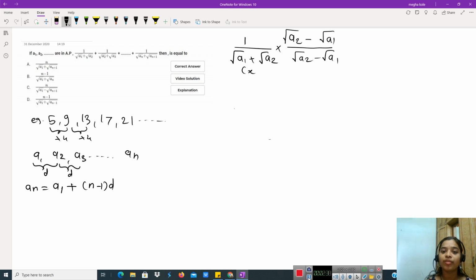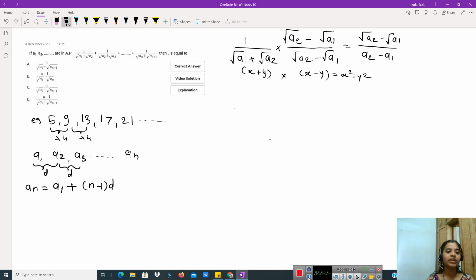Now this is the format of x plus y and x minus y, so x plus y into x minus y is equal to x square minus y square. So this will be further simplified as square root of A2 minus square root of A1 upon A2 minus A1.